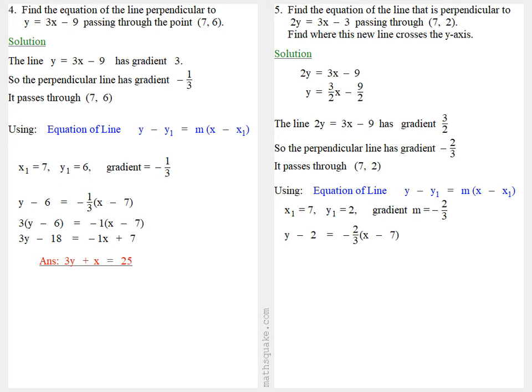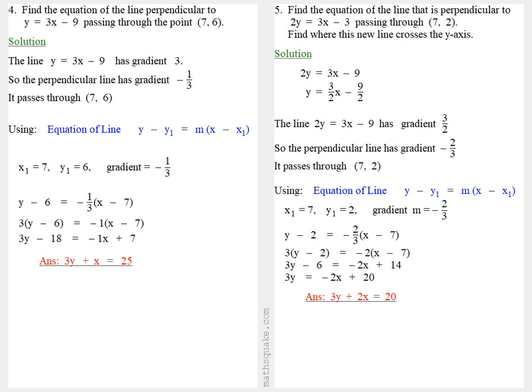If we multiply all the way through by 3, we get 3 into (y minus 2) equals minus 2 into (x minus 7). So 3y minus 6 equals minus 2x plus 14. If we add 6 to both sides, 3y equals minus 2x plus 20, which we can write as 3y plus 2x equals 20.